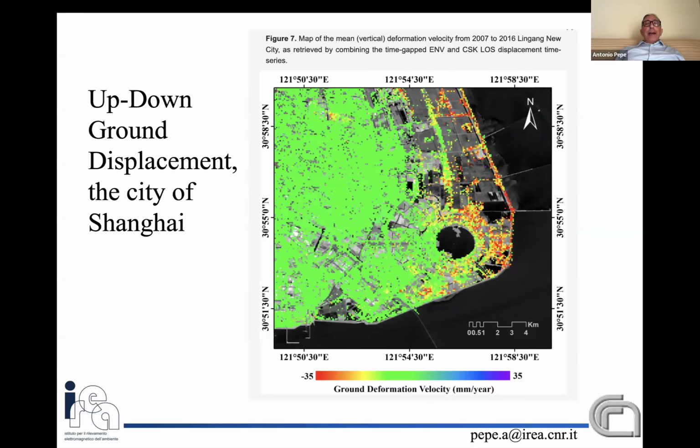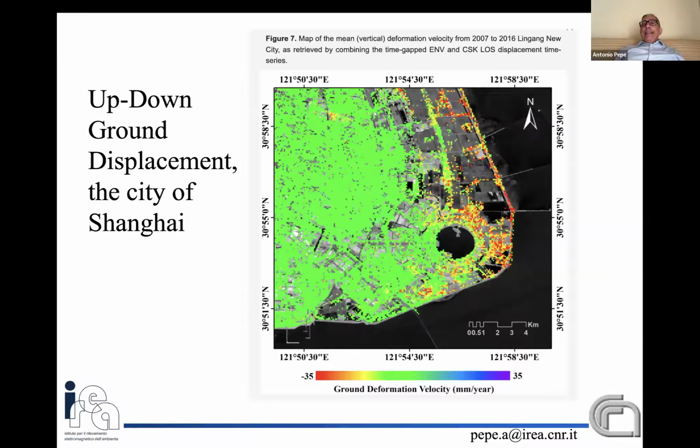Finally, I would like to point out the ground displacement time series, in particular the up-down ground displacement time series of the area of Shanghai, where I spent several months because we have an active cooperation with the East China Normal University.